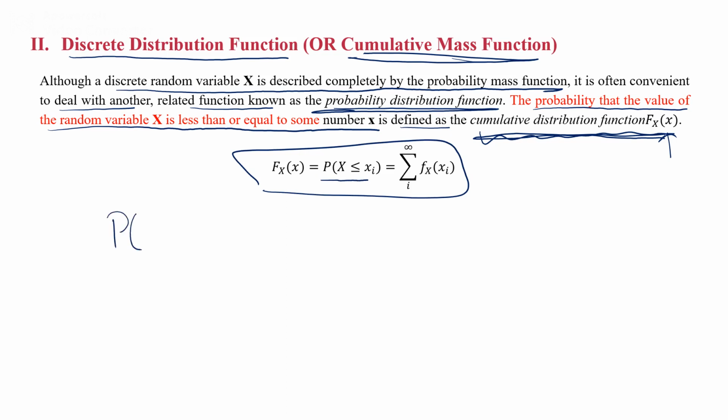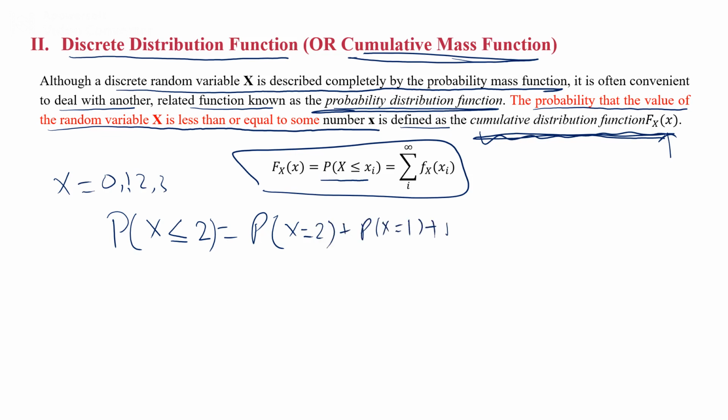Means if we write X is less than or equal to 2, suppose we have random variable values 0, 1, 2, 3, and we say probability X is less than or equal to 2, so we write probability X is equal to 2 plus probability X is equal to 1 plus probability X is equal to 0.